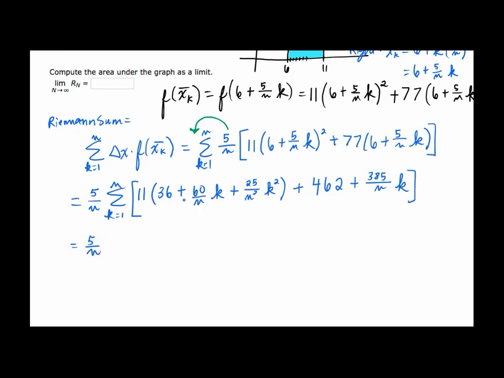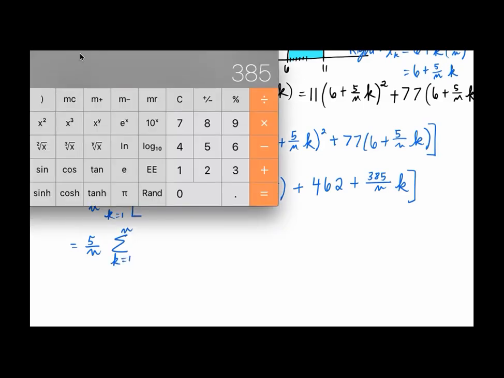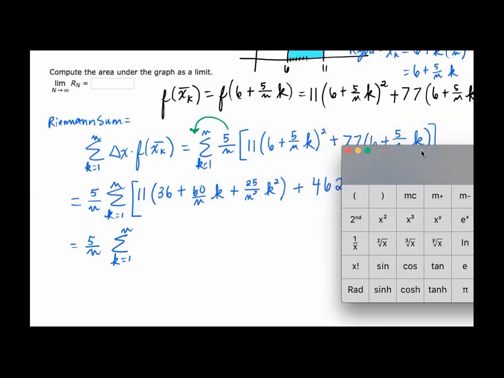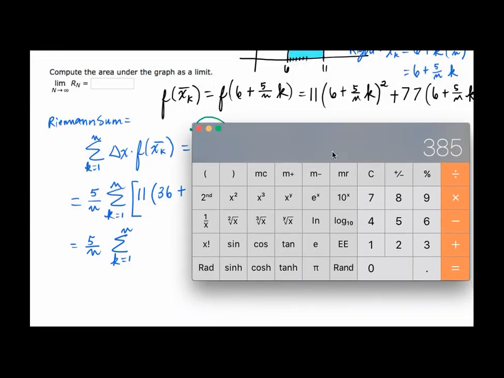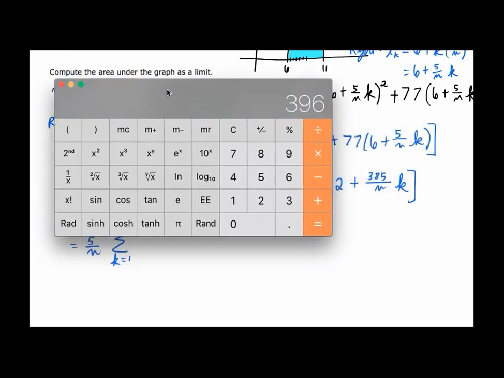All right, let's go ahead and distribute the 11 and clean up as we go as much as we can. I'll just distribute the 11 first. If I try to do too much at once, I'll make an error, and we definitely don't want any little errors here because that would cause the whole thing to be wrong. So we're going to do 36 times 11 first to get 396.